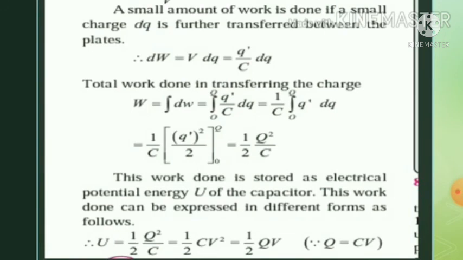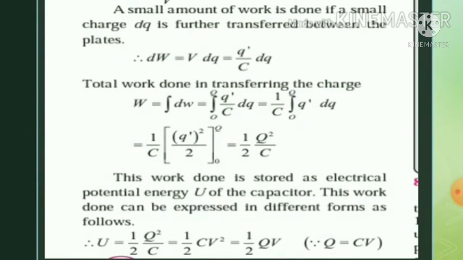First form is U equal to 1 half Q square upon C. This electrostatic potential energy is in the form of charge and capacity. Then the second form of electrostatic energy is nothing but U equal to 1 half C into V square.